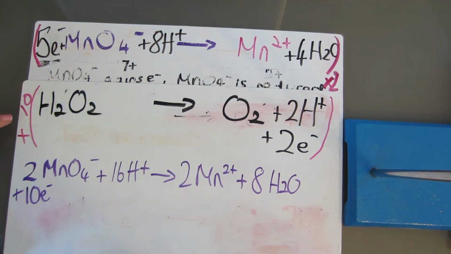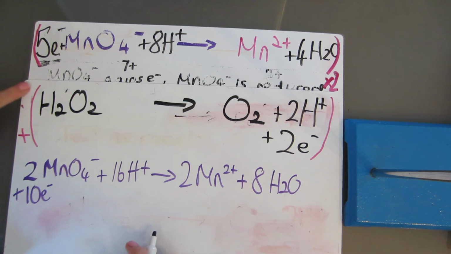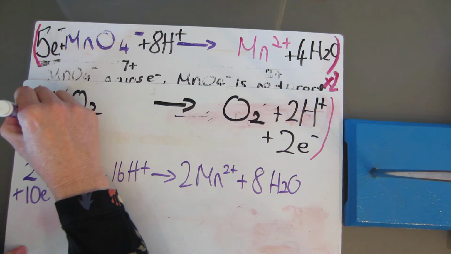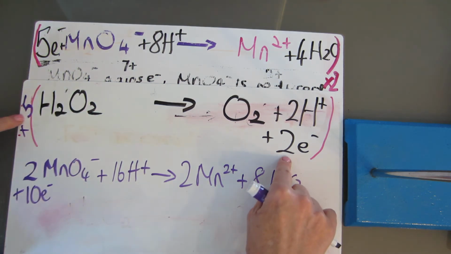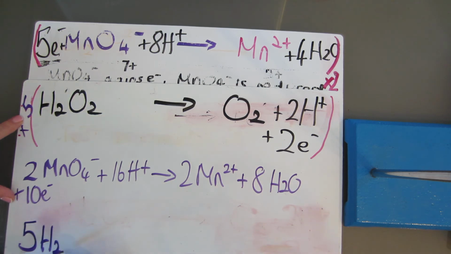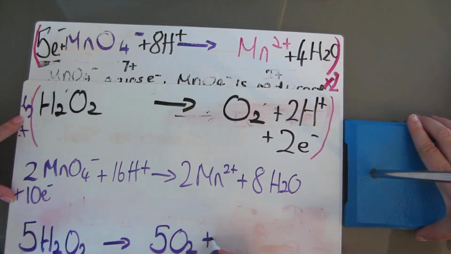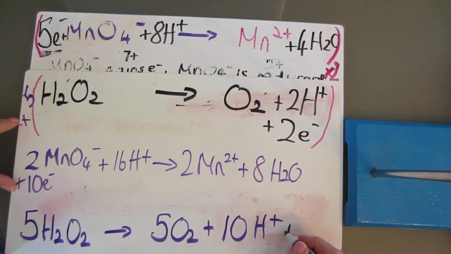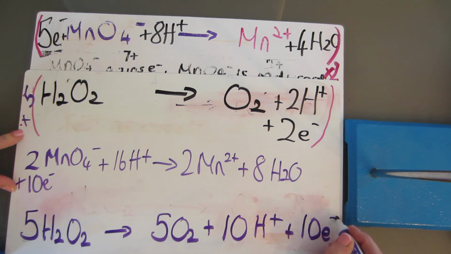What have I got to multiply this by? Times 5, to make 10, because 5 times 2 is 10. So 5 H2O2, 5 oxygens, 5 times 2, 10 H plus, and 10 electrons.